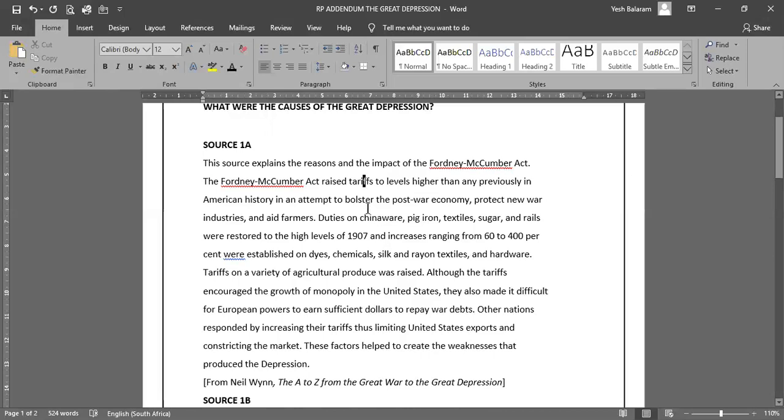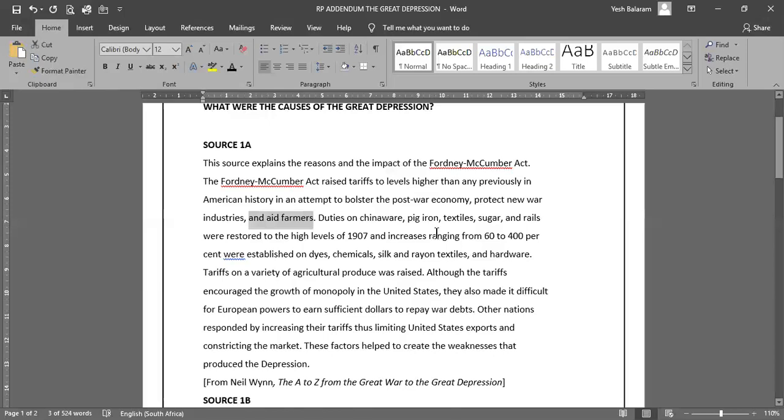Bolster means to improve or to grow the American economy after the First World War. It also aimed to protect new war industries and to assist farmers. There were duties on Chinaware. Now, Chinaware refers to crockery or dishes as you'd commonly know it.